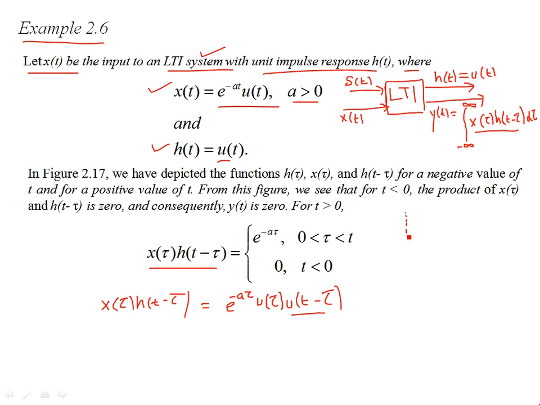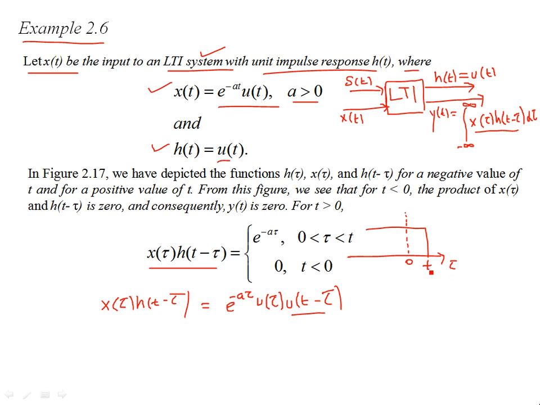If this is the vertical axis and this is your horizontal axis of time tau, then this is a flipped and shifted version. u(minus tau) is flipped around tau equal to 0. u(tau) will exist for tau greater than or equal to 0, and u(minus tau) will be just the flipped version of u(tau).